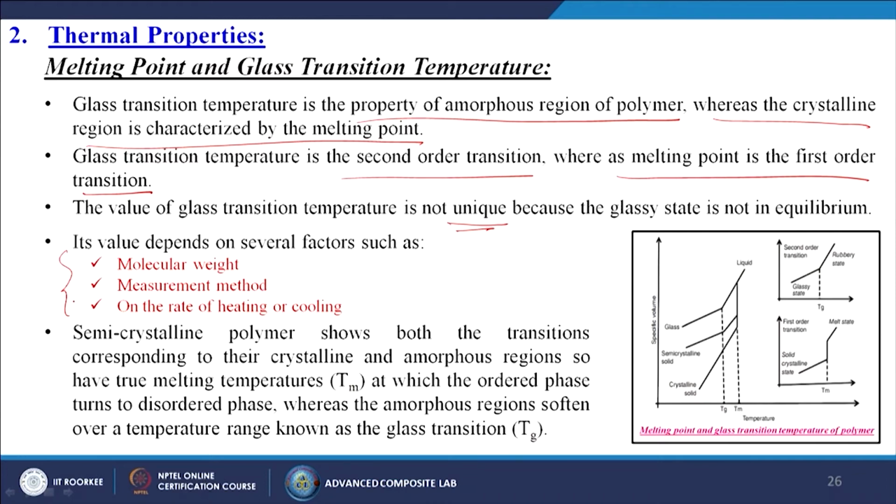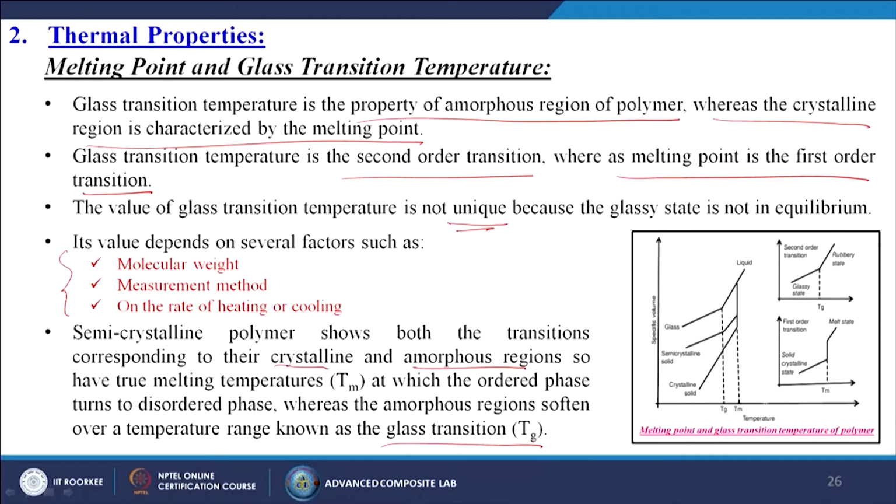Now, we give some examples of semi-crystalline polymers, which show both transitions corresponding to their crystalline and amorphous regions. They have true melting temperatures at which the ordered phase turns to a disordered phase, whereas the amorphous region softens over a temperature range known as the glass transition temperature.